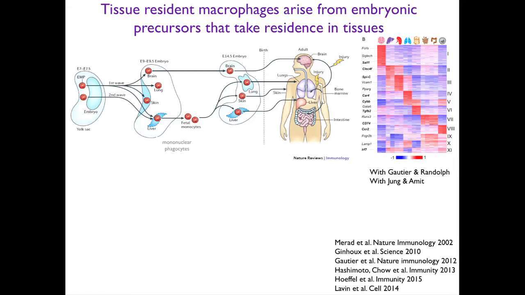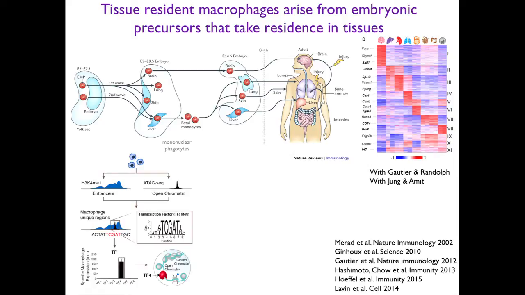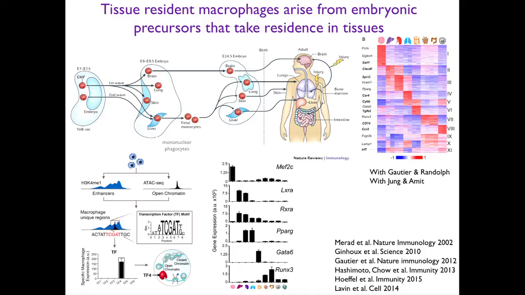You will have a very different picture if you were, for example, mapping transcriptionally dendritic cells in tissue, which have much more in common than these macrophages. And we had shown also that epigenetically, these macrophages have a very distinct enhancer landscape that's also dictated by the tissue in which they reside.